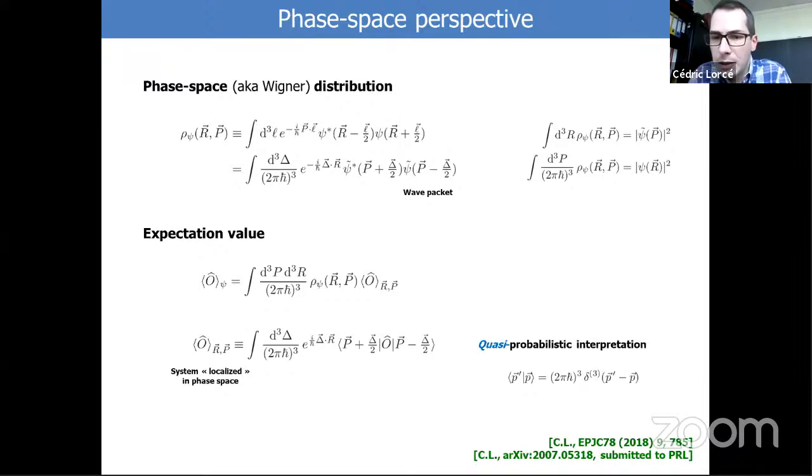Of course, you know the Heisenberg uncertainty relation in quantum mechanics. So this cannot be thought of in a strictly probabilistic interpretation. You cannot say that this is the strict probability that a proton is seen somewhere with a certain momentum. But it is the best compromise you can do, which involves both momentum and position. And so we call it a quasi-probabilistic interpretation.